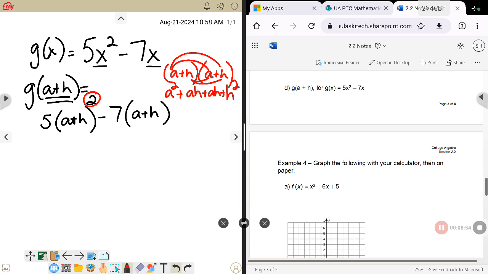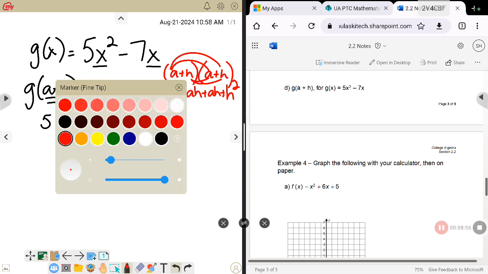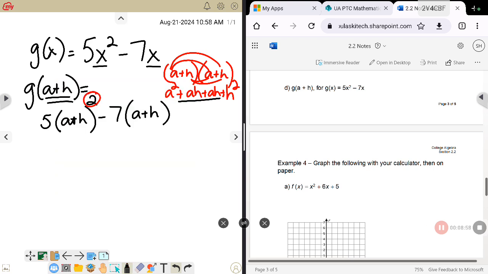Now, these terms here are like terms. They are both ah's. When you put them together, you actually have 2 of those terms. So I've got a squared plus 2ah plus h squared. So that is what I'm going to put when I have a plus h squared.